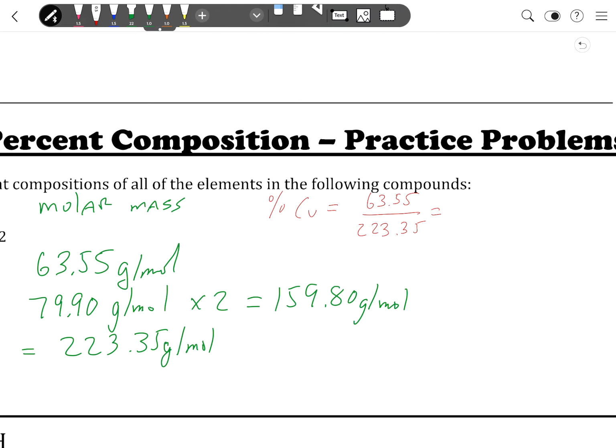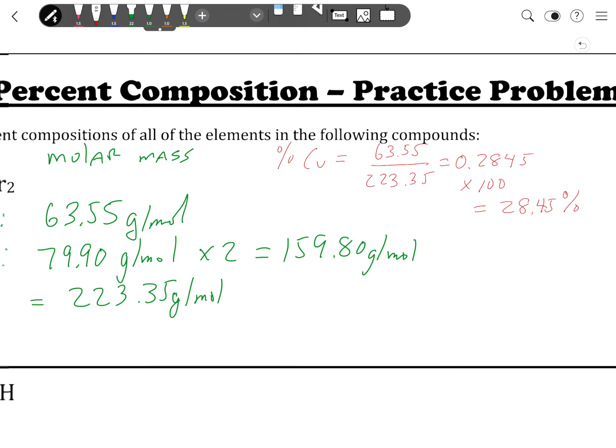And when you do that, 63.55 divided by 223.35, I get 0.2845. I'm going to take that and multiply that by 100 now, and I get 28.45% for the percentage of copper.